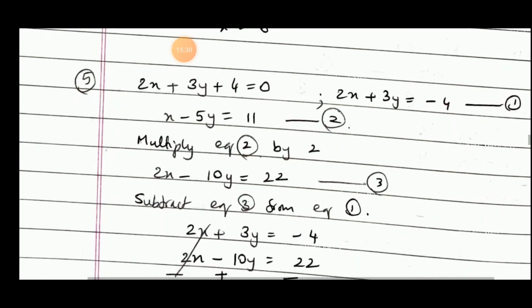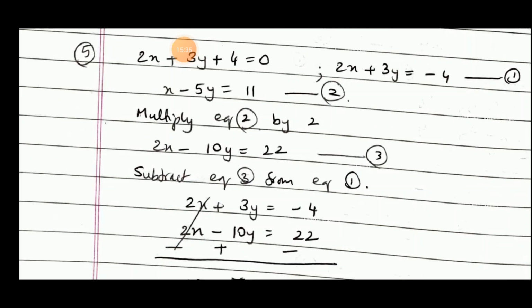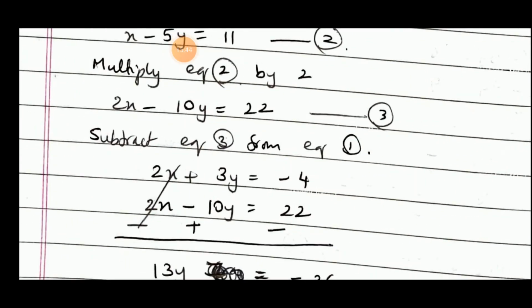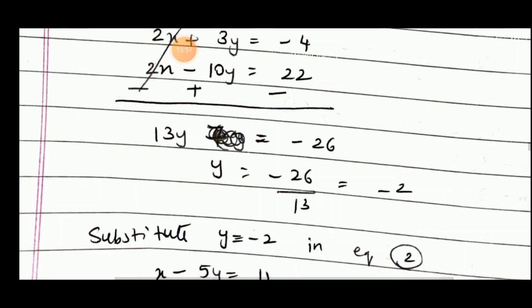Now subtracting equation 3 from 1, 2x plus 3y is equal to minus 4. Now the second equation, when you are subtracting, you have to change the sign of the terms. So plus 2x will become minus 2x, minus 10y will become plus 10y, and 22 will become minus 22. So 3y plus 10y is 13y is equal to minus 26. So y will be equal to minus 26 upon 13, that is minus 2.